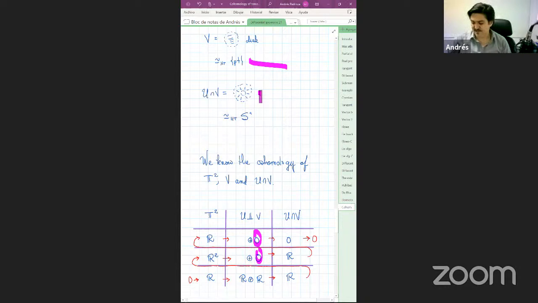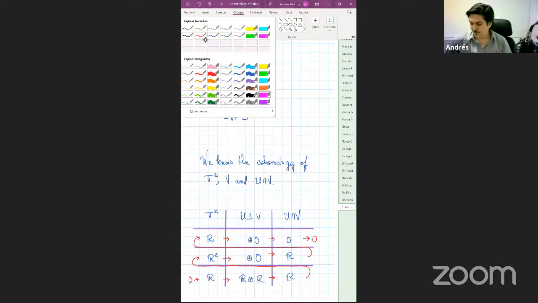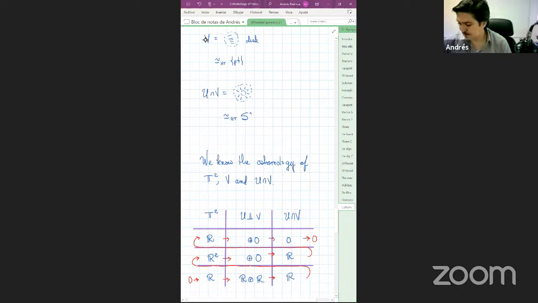U intersection V is the circle, R and R. And this is what we know from our previous example. And what is here is exactly what we would like to compute.